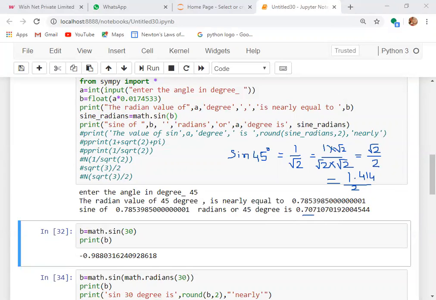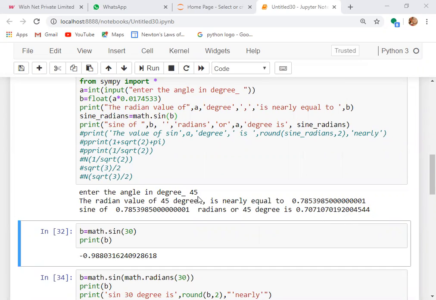So that's why it gives the nearest value, because Python has a large degree of accuracy. That's why it gives 9 or 10 places of decimal. Now we are clearing this. Sometimes large numbers confuse us.